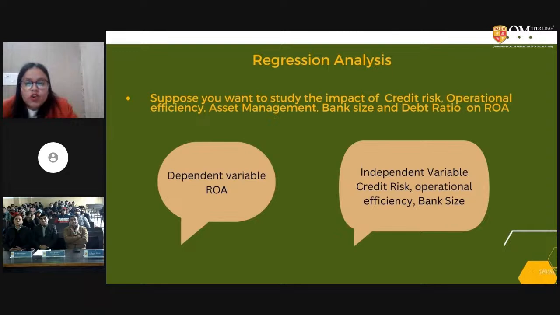For example, you want to study the impact of credit risk, operational efficiency, asset management, and bank size on ROE. So I'm just taking two, three independent variables. The effect of credit risk, operational efficiency, and bank size on the dependent variable, that is ROA, return on assets. Okay. Next.